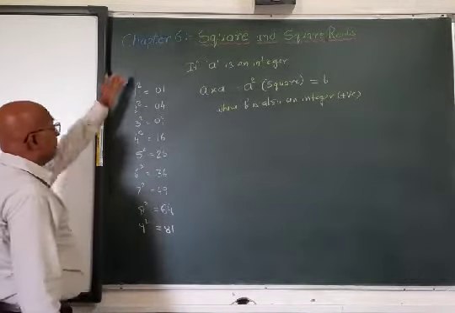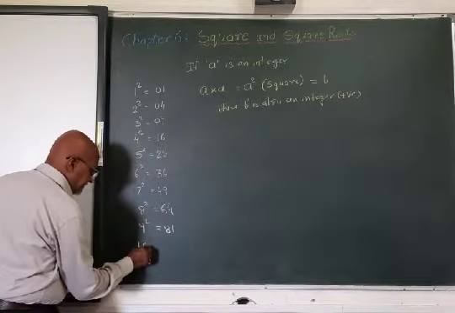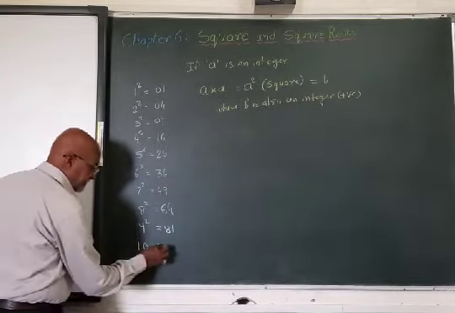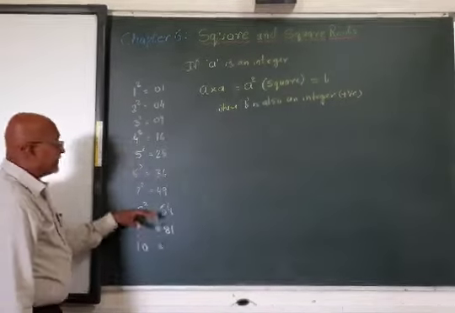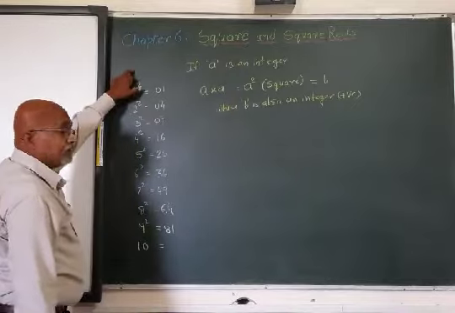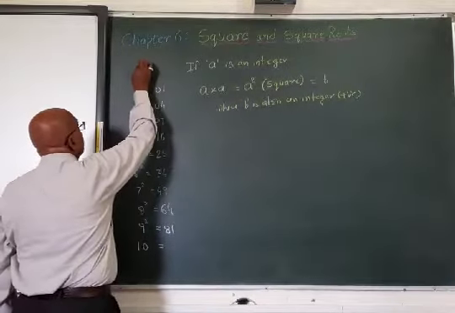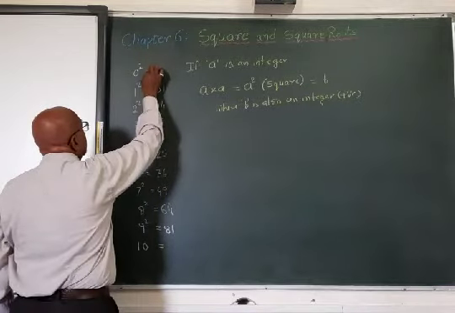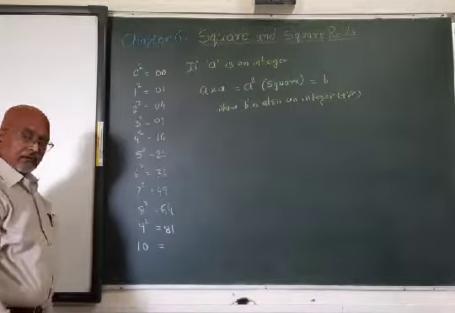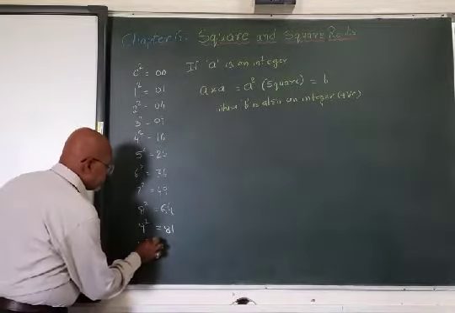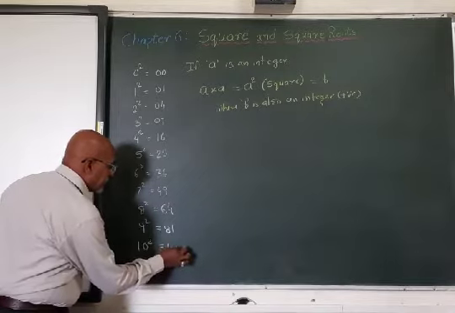As 0 we are not considering, we will take 10 after this, but this is not a basic number. Basic numbers are from 0 to 9. If I consider 0 also here, then 0 square is itself 0. And 10 square is 10 into 10, 100.